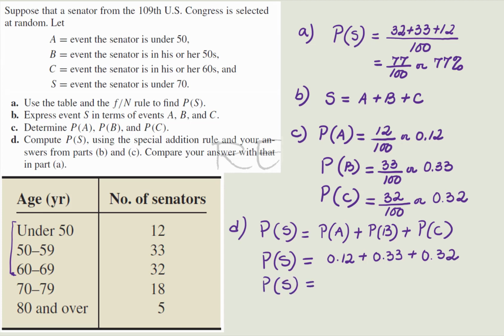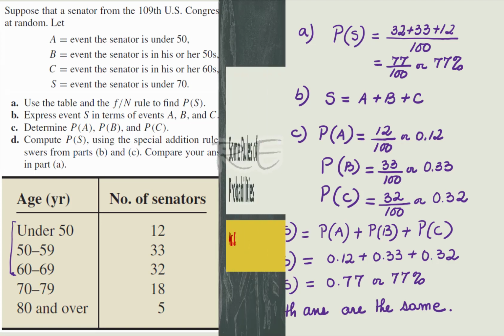So P of S is equal to 0.77, or 77%. Both answers are the same. The tabular method at first just verified and confirmed the formula.